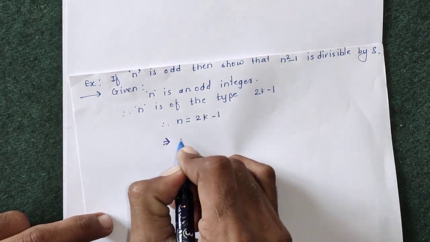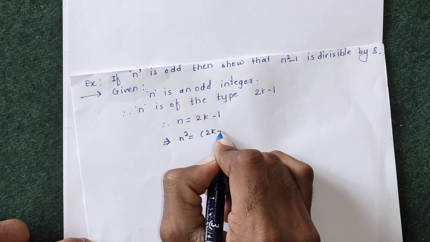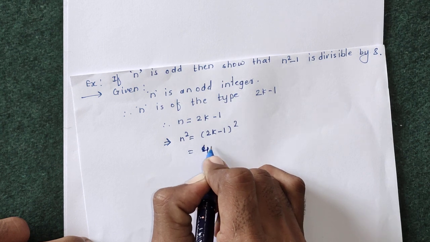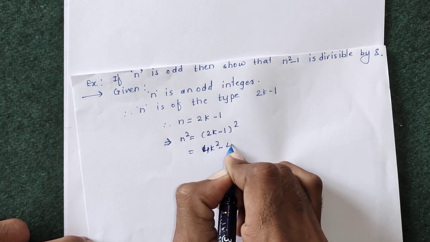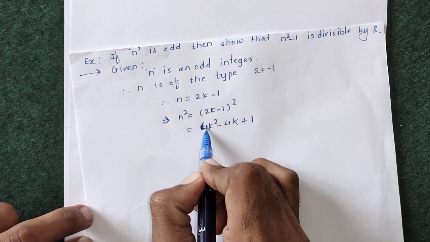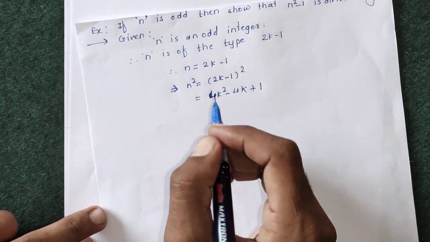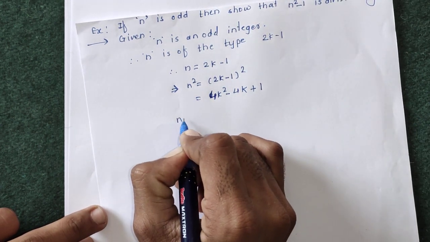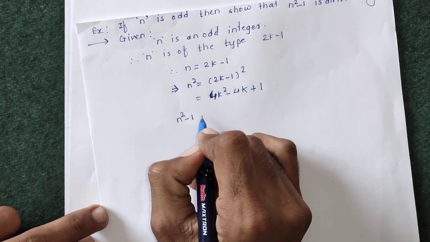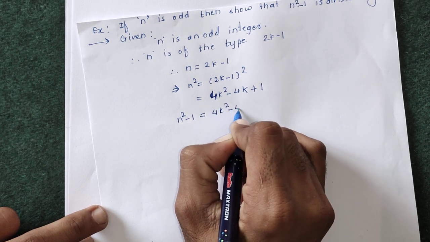Taking the square of both sides, n square is equal to (2k minus 1) square, which is equal to 4k square minus 4k plus 1. Now subtracting 1 from both sides we get n square minus 1 is equal to 4k square minus 4k.